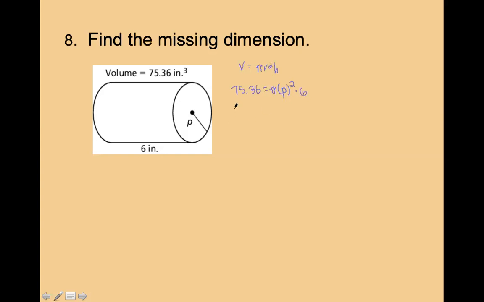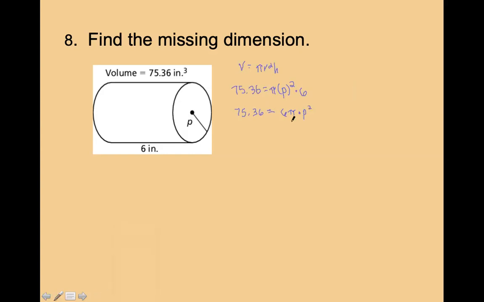All right, so I'm going to simplify a little bit. I have 75.36 is equal to, I'm going to put the 6 in front, 6 pi times P squared. Okay, I'm trying to get the P squared all by itself. I switch pen colors here.